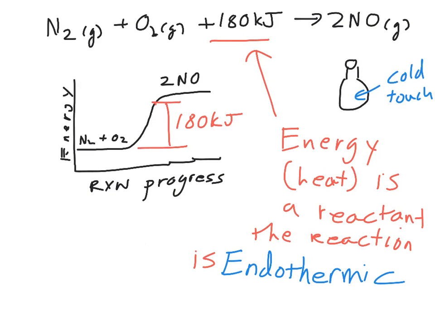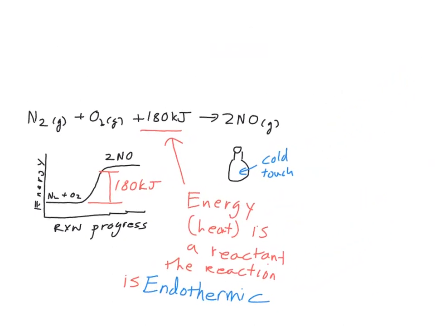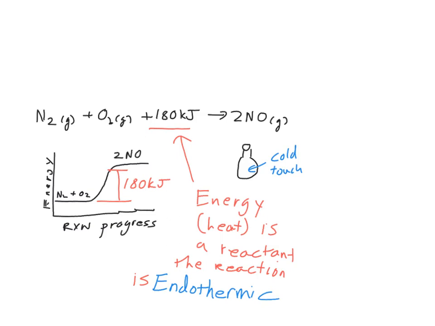Because we're adding energy to our system, it's going to look the exact opposite way in pChem notation. If you're a biochemist or a biologist, chances are you're going to write an endothermic reaction exactly like you see it here, with energy as a reactant.